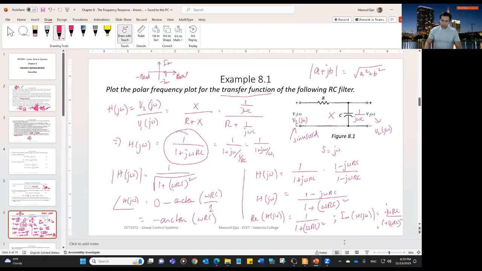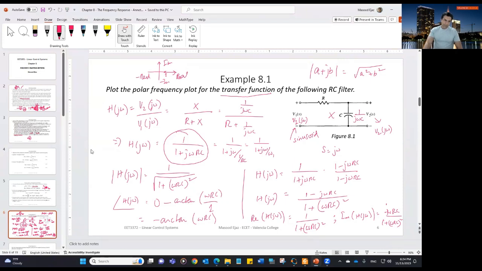So now when you're plotting a polar plot, as I mentioned, you either plot the real part versus the imaginary part on the complex plane, or you plot magnitude for each angle, of course, when you're changing omega.